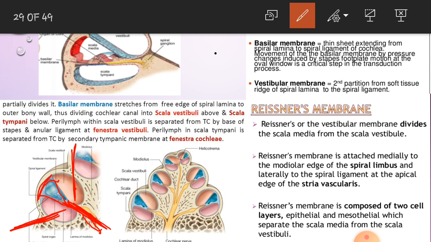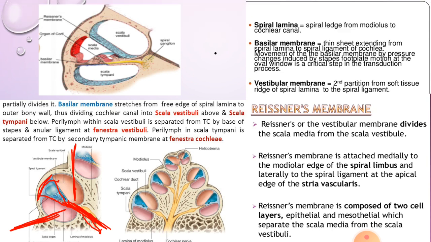The basilar membrane stretches from the free edge of the spiral lamina to the outer bony wall, thus dividing the cochlear canal into scala vestibuli above and scala tympani below. Perilymph within the scala vestibuli is separated from the tympanic cavity by the base of the stapes and annular ligament at fenestra vestibuli. Fenestra vestibuli is the oval window.